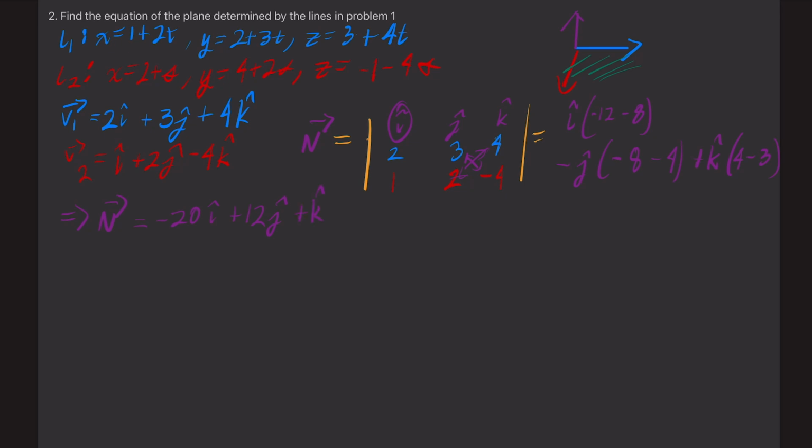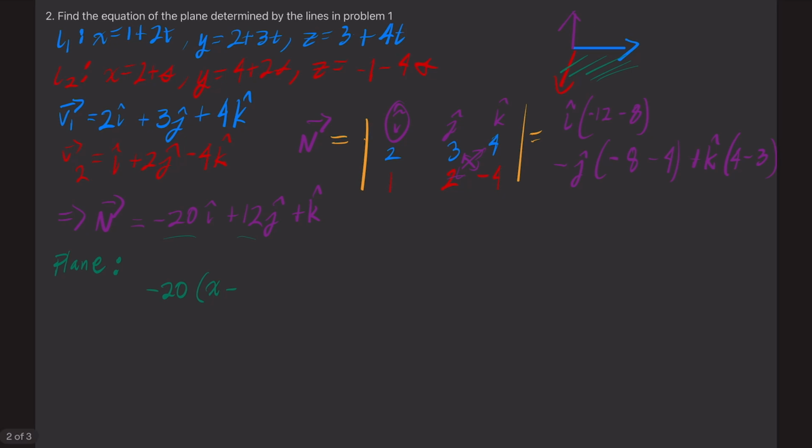So once we have our normal vector, we want to find our plane. To do that, we're going to take our coefficients in the x, y, and z direction, and we're going to say negative 20, that's our coefficient, times x minus, we want to give this a common point with both of our vectors so we know it's on the plane.